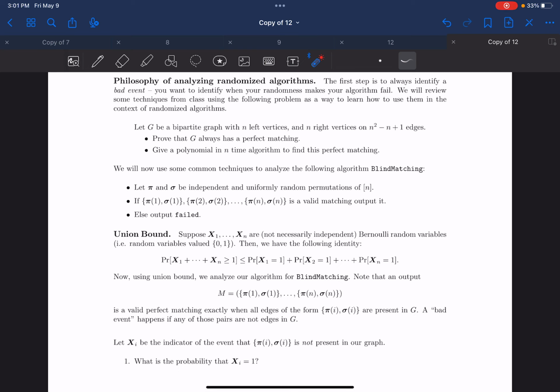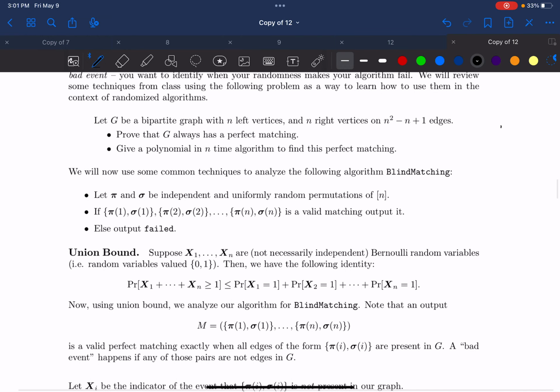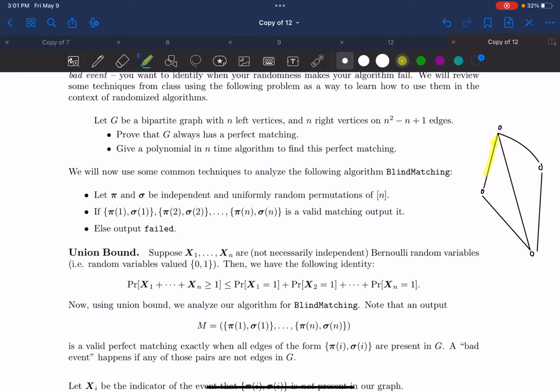As a quick reminder, for a perfect matching, what we are looking for is a set of edges such that every vertex in our graph is touched by exactly one edge. For example, if you had a graph that looked something like this, a perfect matching could be composed of this edge as well as this edge, because every vertex is touched by exactly one edge.